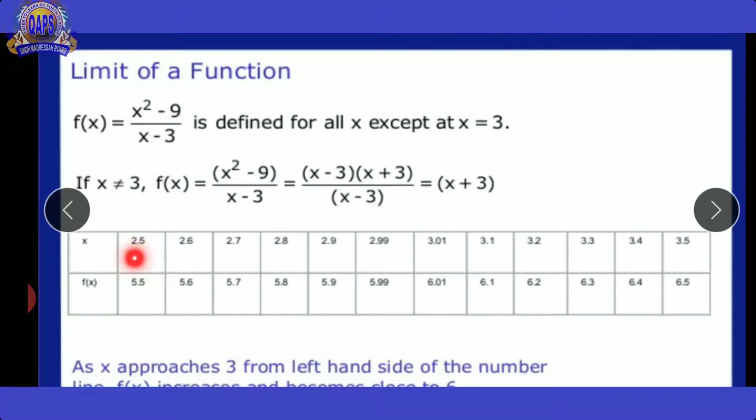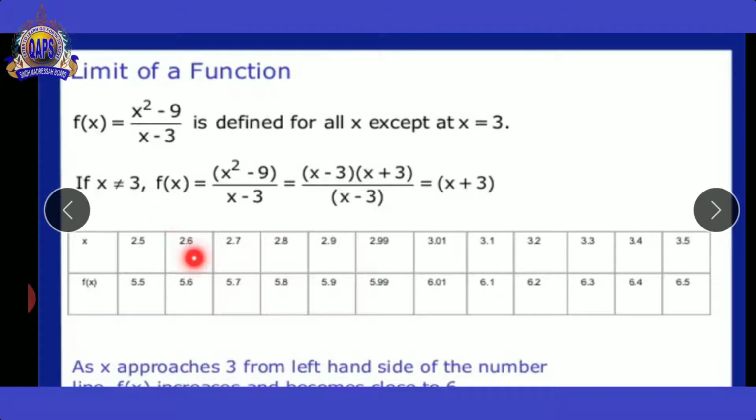First we put 2.5 in place of x. 2.5 plus 3 becomes 5.5, so f of x gives us 5.5.